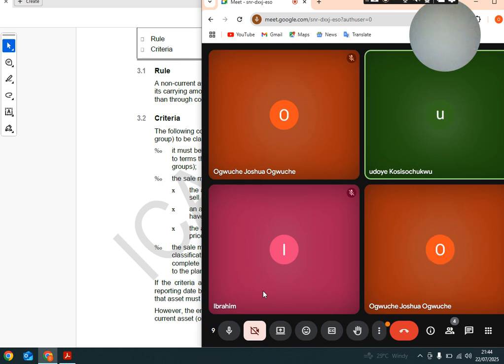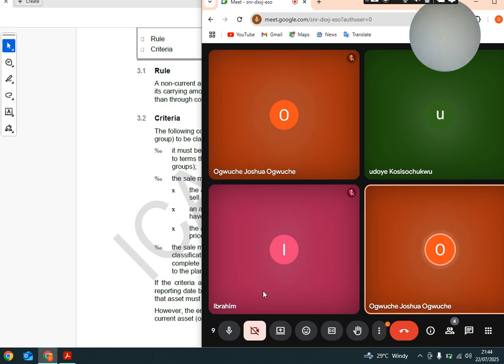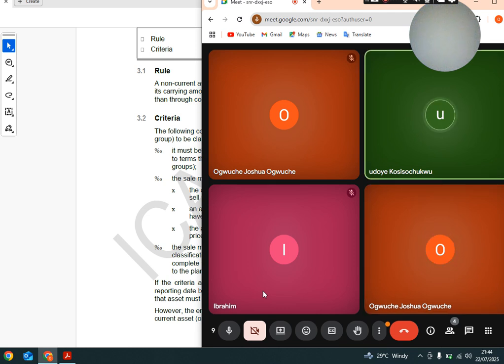The cost incurred to sell is all the costs incurred when reselling the asset, not the cost you bought the asset for. Like the asset you're using now, you bought it for 50,000, then you want to resell it at a price of 40,000 or 30,000.